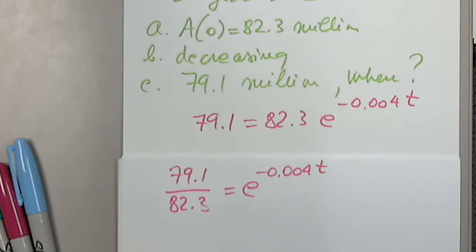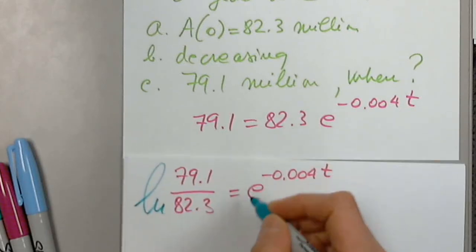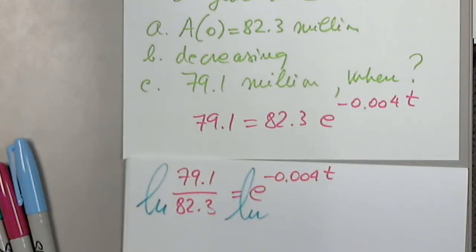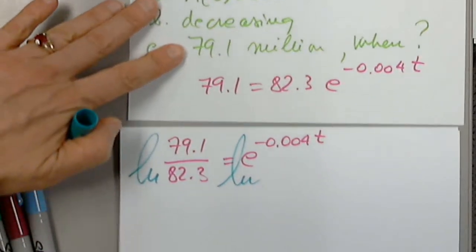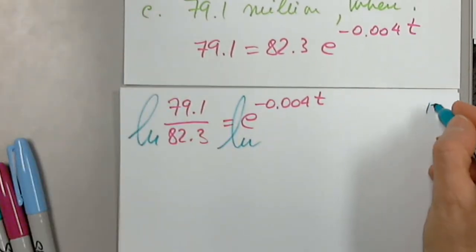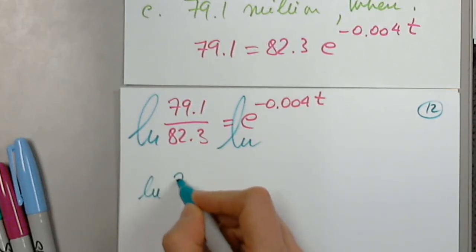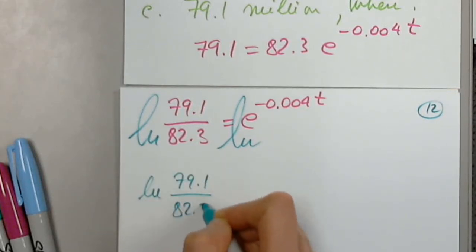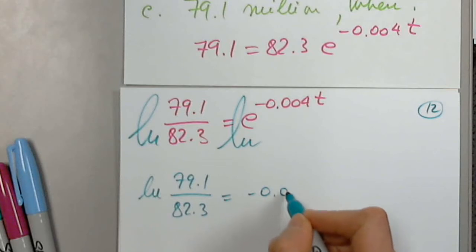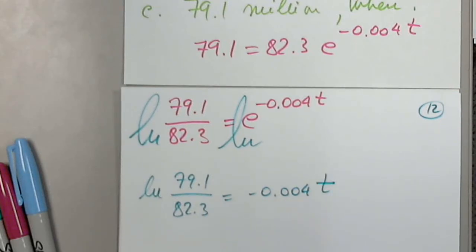Well, you have e, so it makes it easy to take the natural log. If two numbers are equal, their logs will be equal. So then natural log of 79.1 over 82.3 equals negative 0.004t.